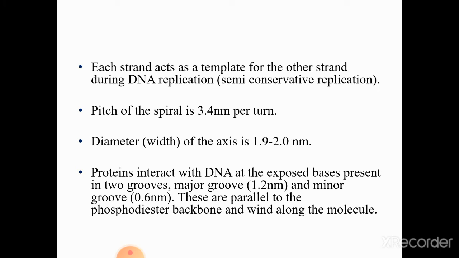Next, the pitch of the spiral is 3.4 nanometers per turn. That is, as we said, the adjacent bases are 0.34 nanometers apart and there are 10 bases in each spiral. Therefore, the pitch is 3.4 nanometers per turn.